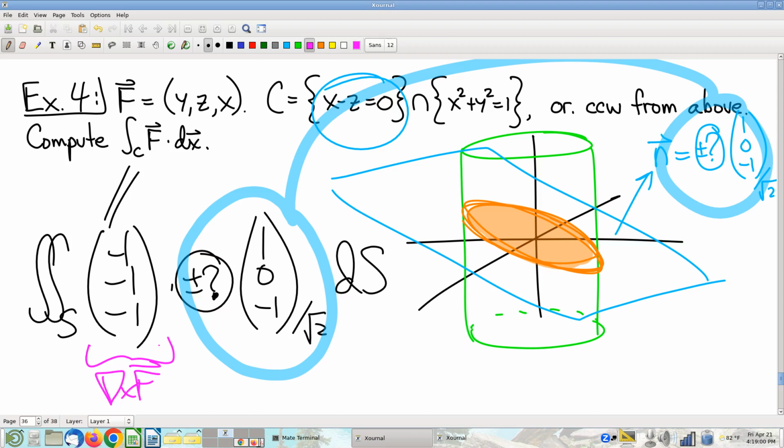You always have to have head on a swivel, always be on the lookout for this possible good fortune. But I don't need to know the plus or minus in here about the orientation, because either way, 1, 0, -1 dotted with -1, -1, -1 is 0. This integral is 0. Game over. And whether it's plus 0 or minus 0 doesn't really make any difference, does it?